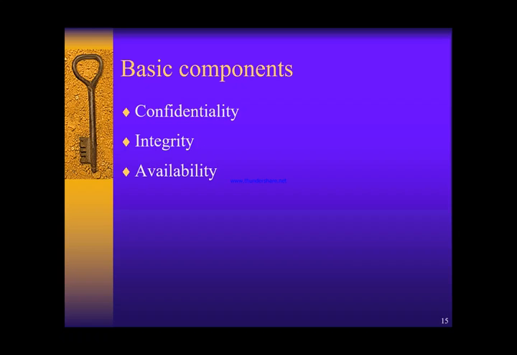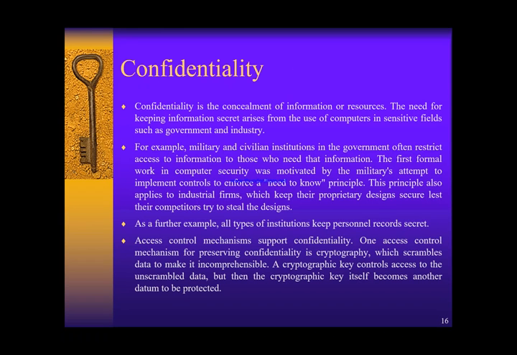In computer security, if you know these three things properly and can use these three components properly, there is no problem in security. Because if these three things work fine, everything is proper.